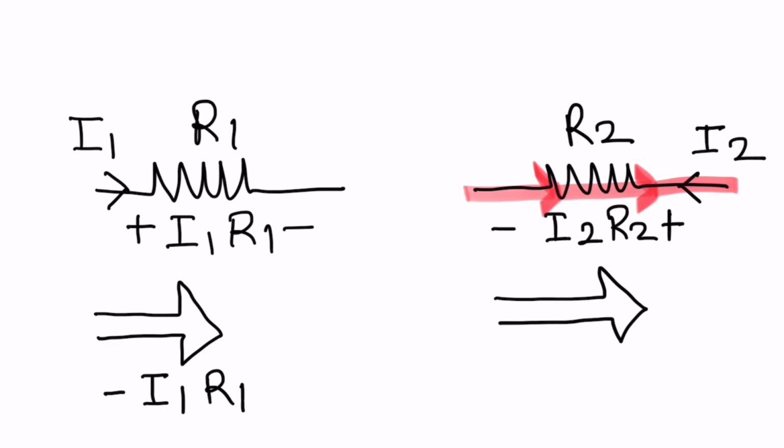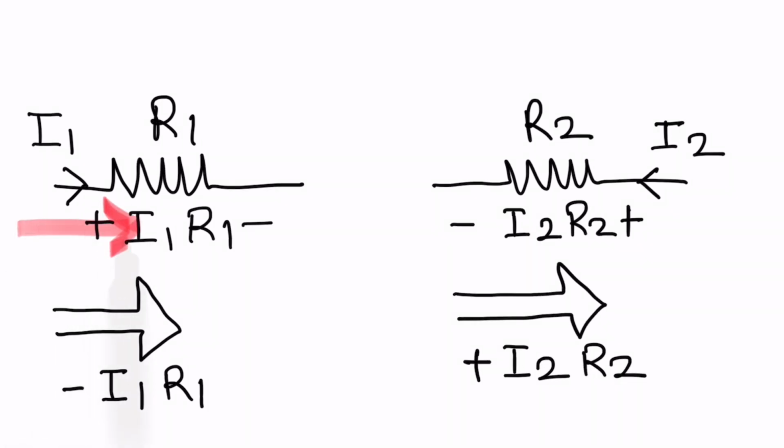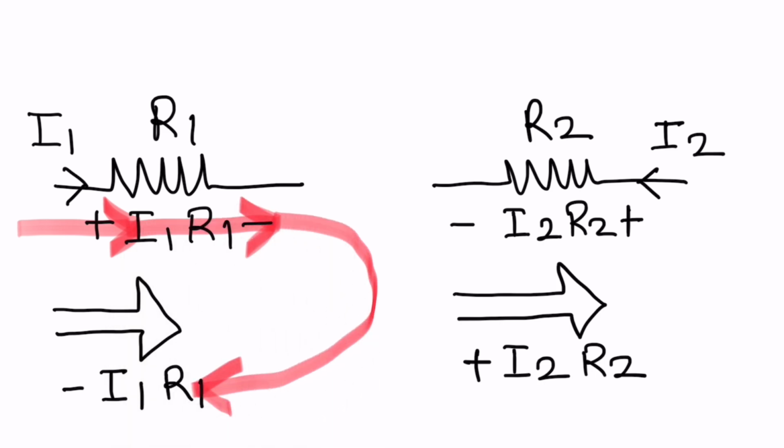It means that there is a gain in potential. So how are you going to write down the algebraic drop across this component? Plus I2 into R2. So remember one thing, when you are moving from plus to minus, you will write down minus sign, and when you are moving from minus to plus, you will write down plus sign. This is as far as resistors are concerned.